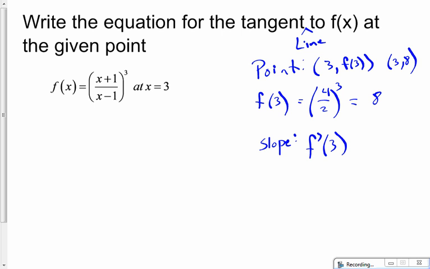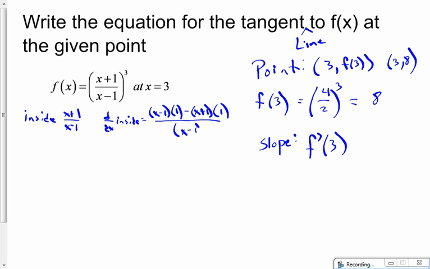We identify functions inside out. We differentiate outside in. What's the inside function? X plus 1 over x minus 1. You know how to do the derivative of that? Quotient rule. So the derivative with respect to x of the inside is equal to low d high less high d low, all over low squared.